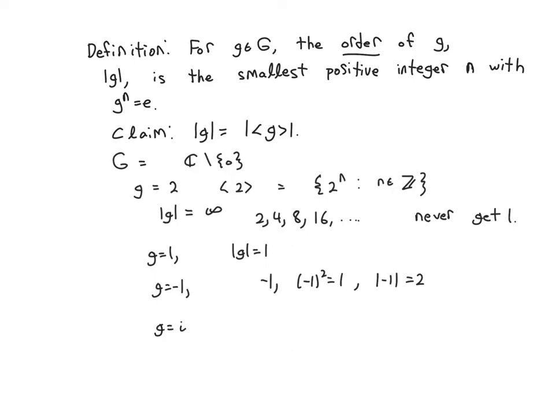Similarly, if we take the imaginary number i, i squared is negative 1, i cubed is negative i, i to the 4th power is 1, so the order of i is 4. And you can actually see that when I'm doing the calculation, I'm actually writing down the elements in the cyclic group.